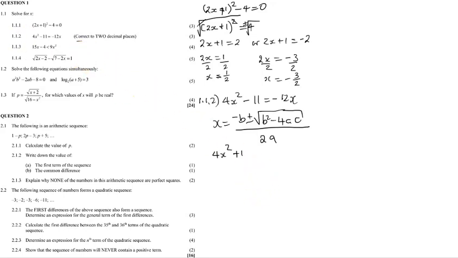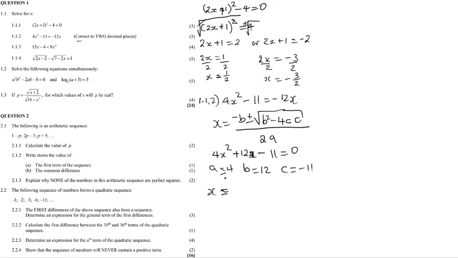So this one is going to be plus 12x because it went from the right hand side to the left hand side, and then here we've got minus 11, and all this equals 0. So you know that your a is 4, your b is 12, and your c is negative 11. You just substitute them there, and then you find the value of x.